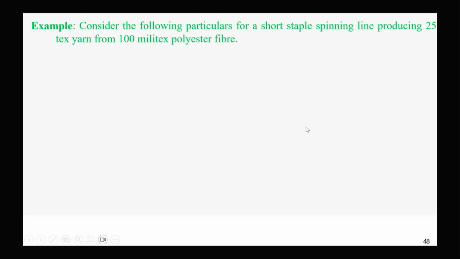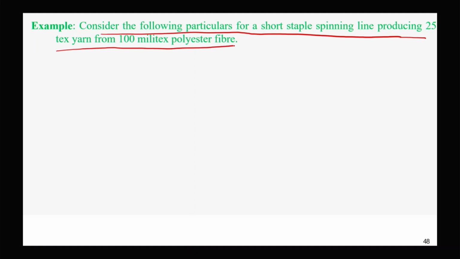Next is this: consider the following particulars for a short staple spinning line producing 25 tex yarn from 100 millitex polyester fiber.